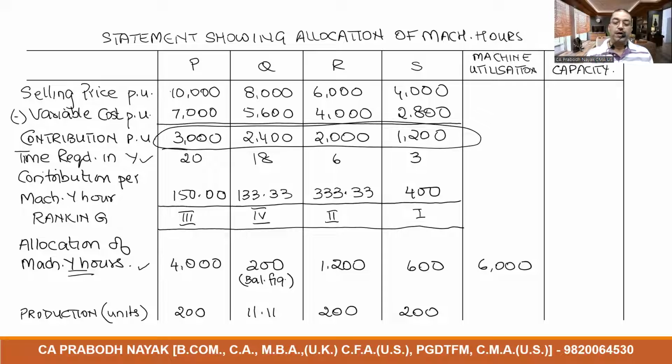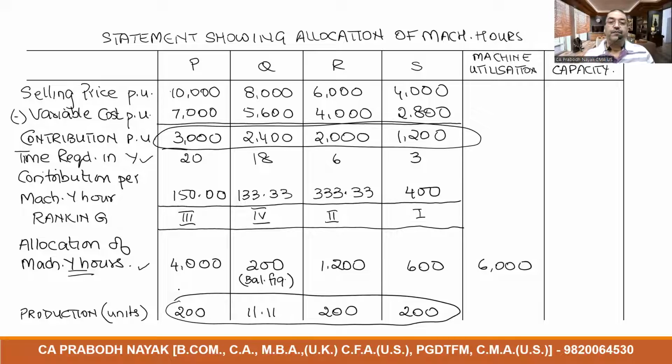So I take these figures, multiply, and get total contribution. Once I get total contribution, minus from that the fixed cost of 9,50,000, you will get the profit. Contribution minus fixed cost is equal to profit. So let's do that.